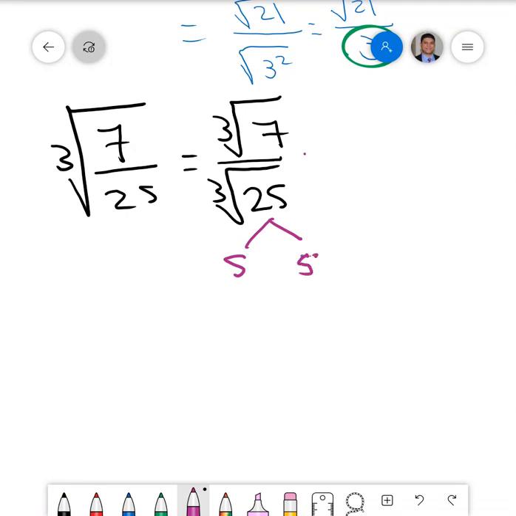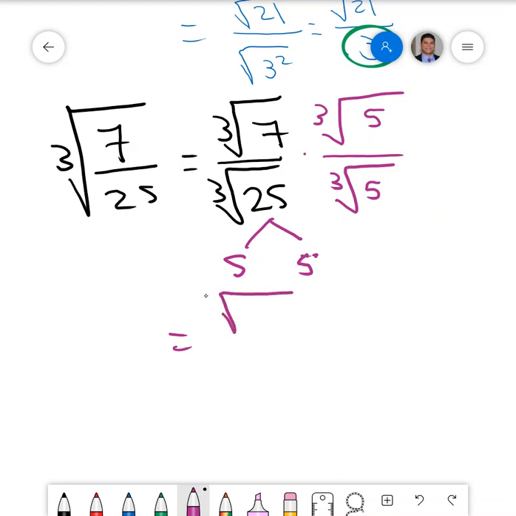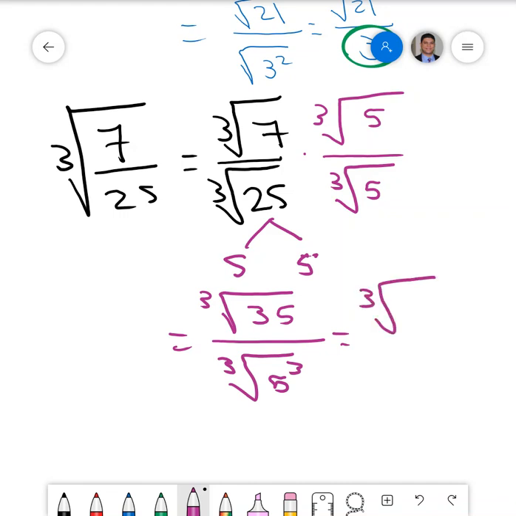So we have here 5 squared, and we need to make it 5 to the power of 3. How can we make it 5 to the power of 3? Multiply by another 5. If we multiply the denominator, we must multiply the numerator by the same number. The third root of 7 times the third root of 5 is the third root of 35. And in the denominator we have the third root of 5 to the power of 3. Now we have the third root of 35 over 5.